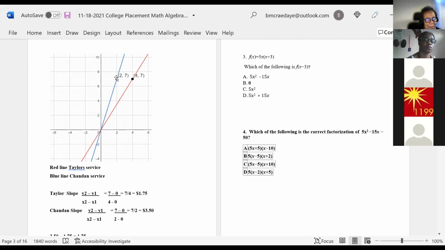If you take 0 for your X and 0 for your Y, the denominator here is smaller, so your overall number is going to be bigger. So you can say the Shannon, which is the blue, is going to cost more, but you don't know how much more unless you find the slope.